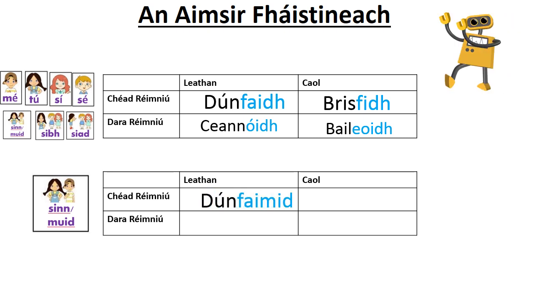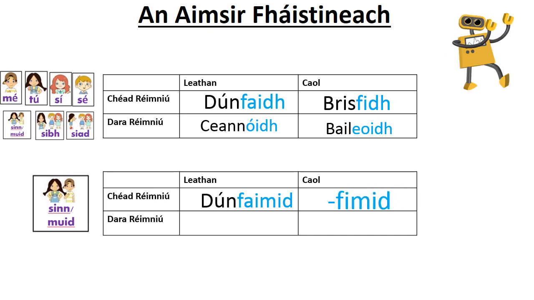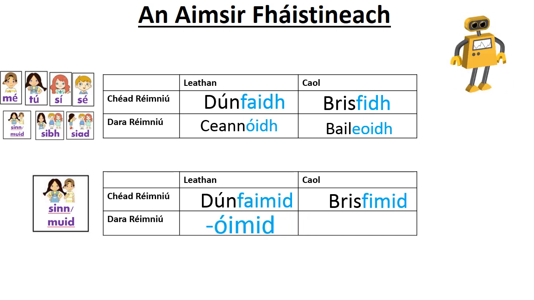Dún hamij. Here it is again. Famij or hamij, both pronunciations are correct. Missing the A because it's narrow. Brish hamij. Oimij. Okay, you can see how that relates to the OE up above. It's like the OE ending but with a mij on the end.